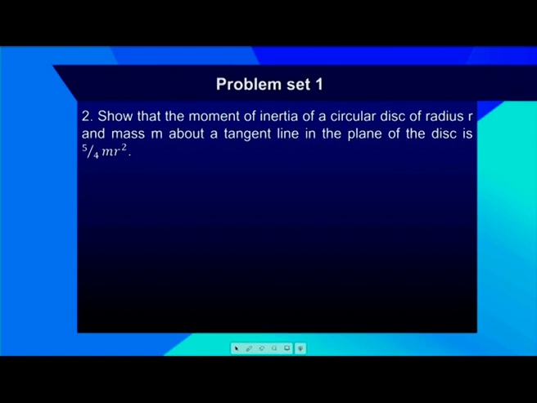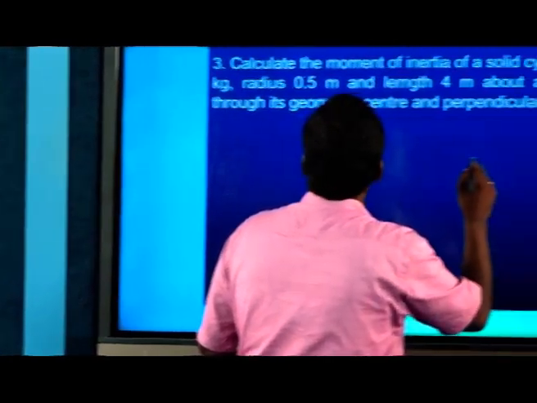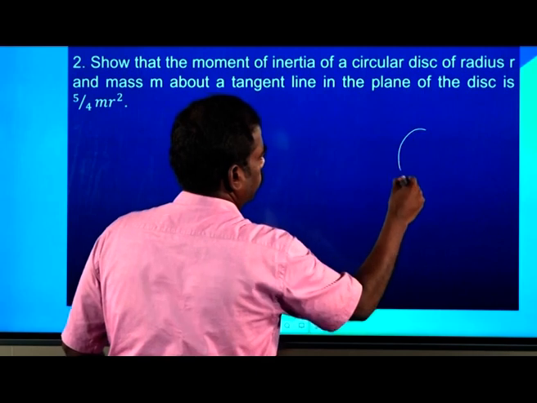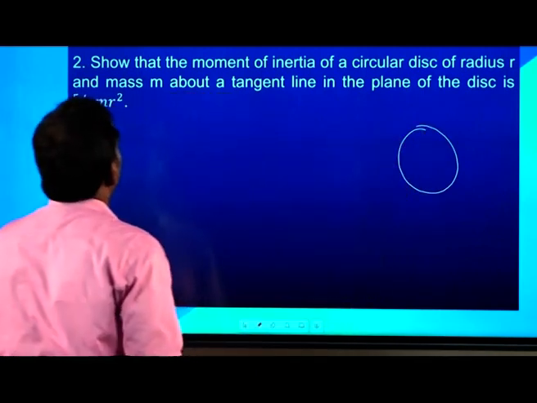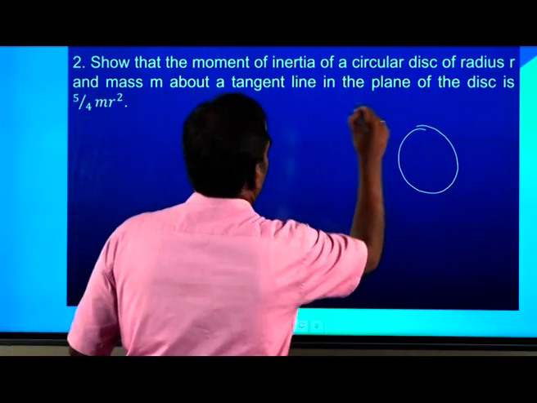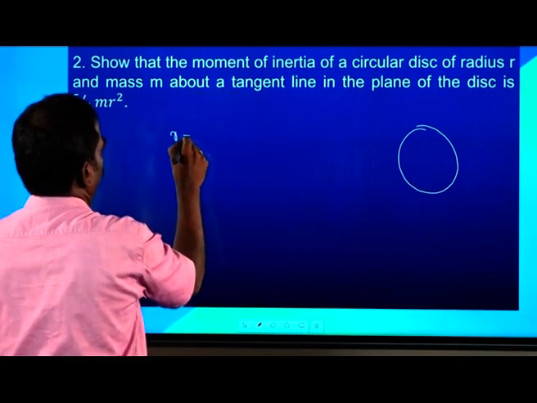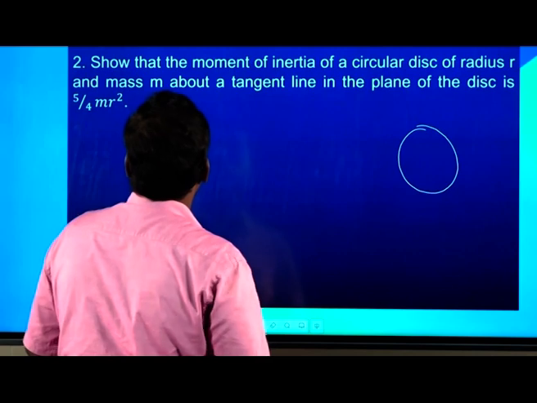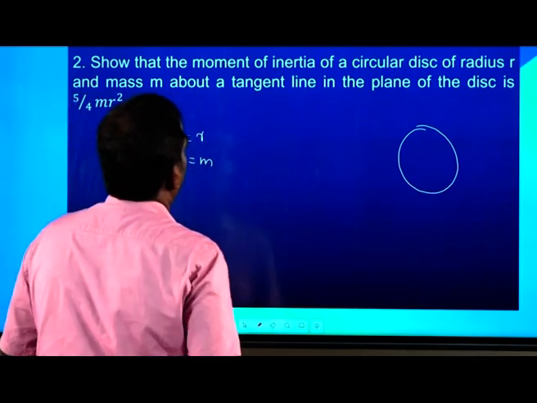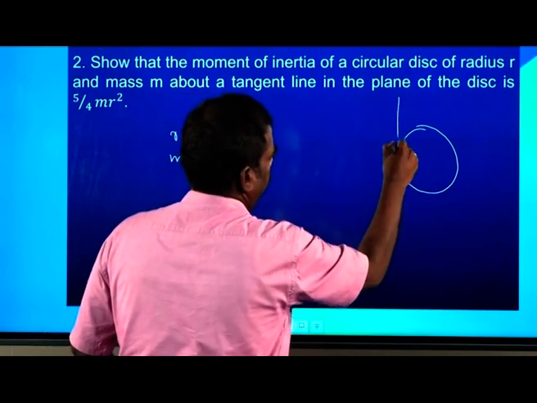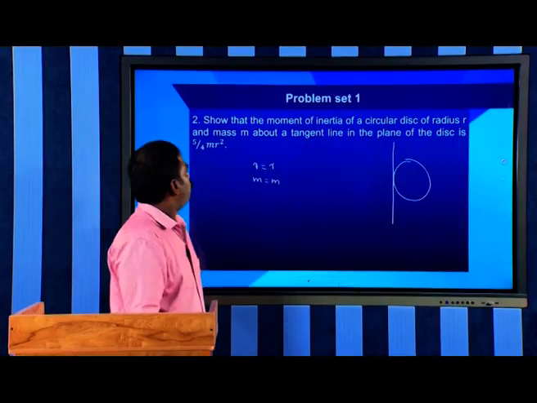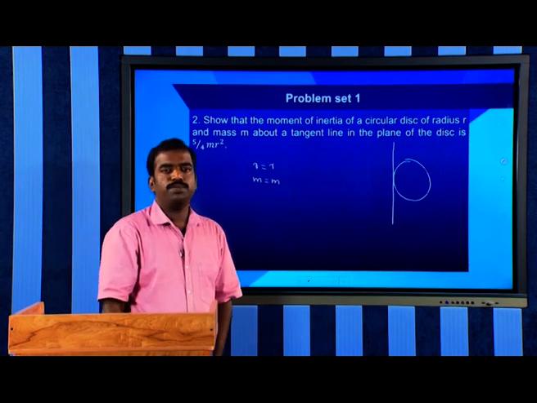You have the disk here, and you need to find the moment of inertia about a tangent line. So, this is a tangent line. It is very simple, right.